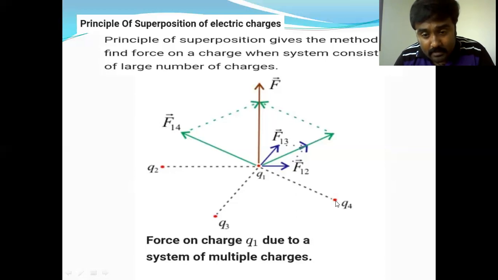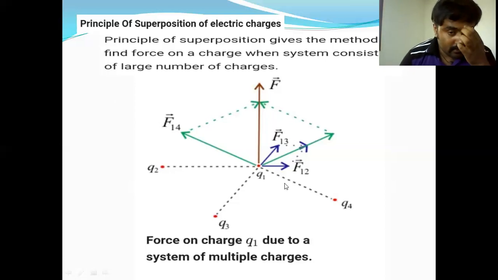Distance from Q4 to Q1 is R41, and the direction is R41 cap. R41 cap is a unit vector that indicates the direction of F14 vector.